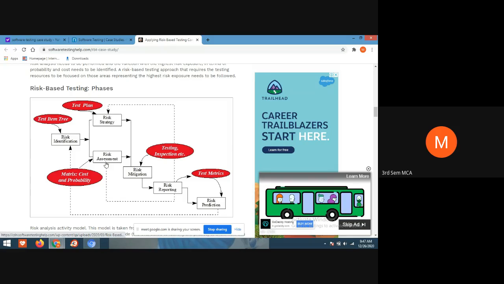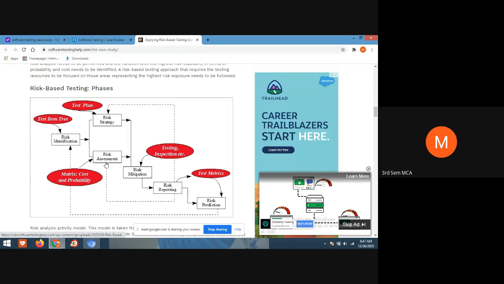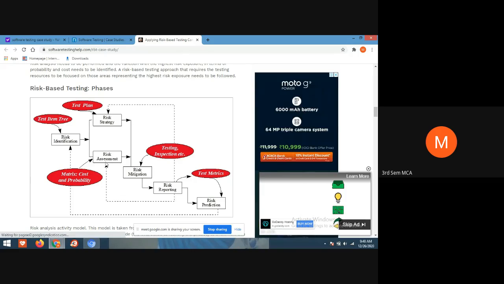We have to assess what type of risk it is, and then risk mitigation, risk report, and risk prediction. These are all the phases of risk in a project.